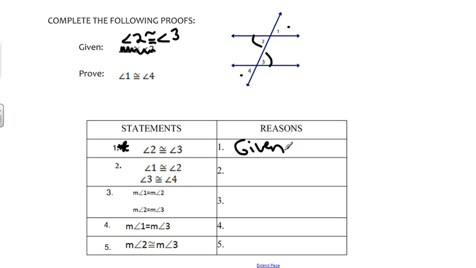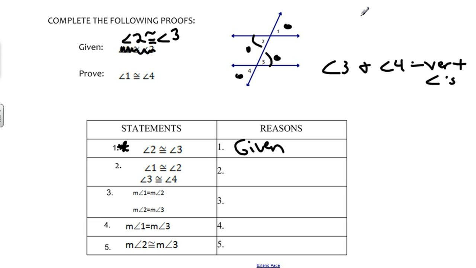And then number 2 says that angle 1 is congruent to angle 2. So here's angle 1 congruent to angle 2, and angle 3 is congruent to angle 4. Here's angle 3 congruent to angle 4. The reason that these are congruent is because in the picture, what kind of angles are these? Well, angle 3 and angle 4 are vertical angles.